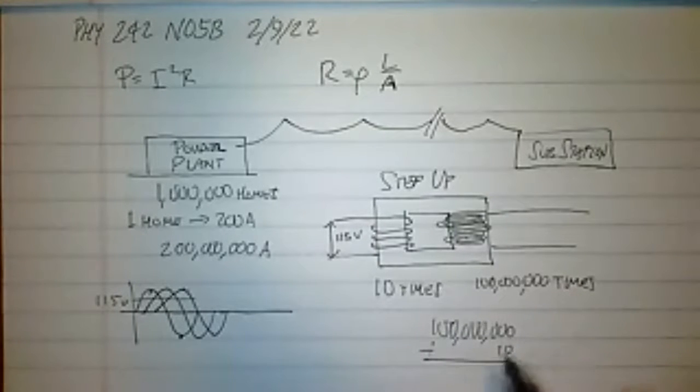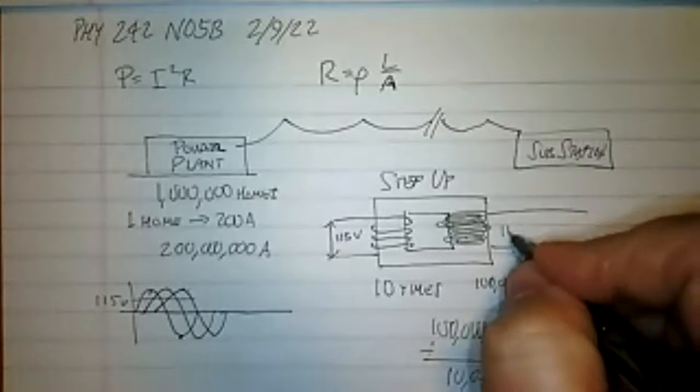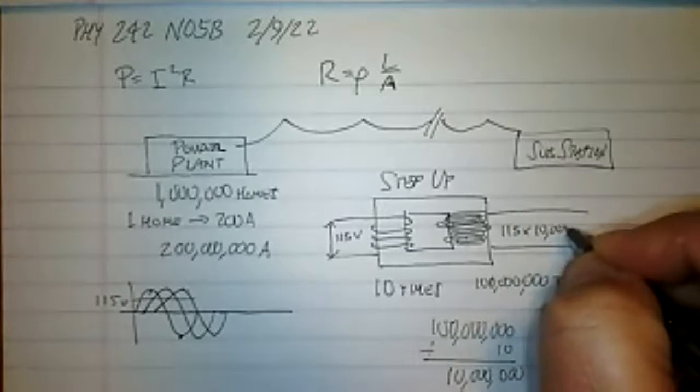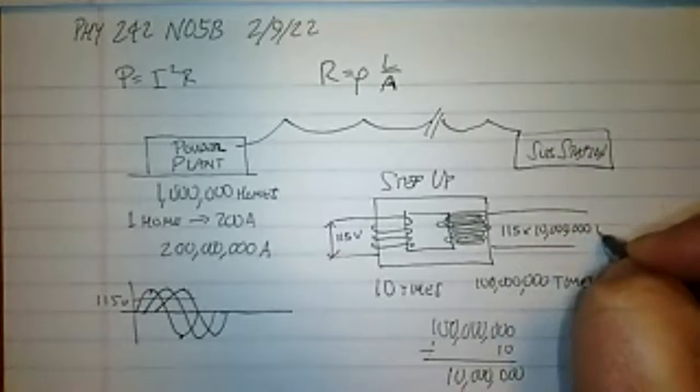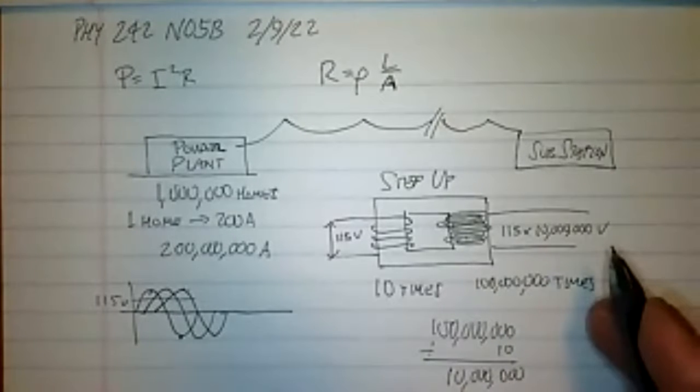So when I divide 100 million by 10, that's going to make it 10 million. So instead of 115 volts, it's going to be 115 volts times 10 million. So now out comes 115 times 10,000,000 volts.